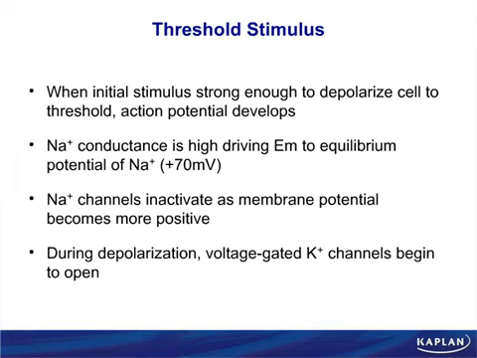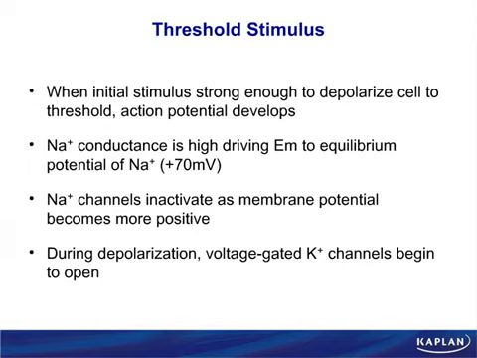Remember, a depolarization opens sodium channels, and as sodium channels open, it causes a further depolarization, which opens more sodium channels, which causes a further depolarization, and that's that positive feedback cycle that we discussed on a previous slide. So threshold represents that we get a critical mass of fast sodium channels opening, that we just turn on this positive feedback cycle: opening sodium channels, increasing conductance, depolarization, opening more sodium channels, further depolarization, etc.